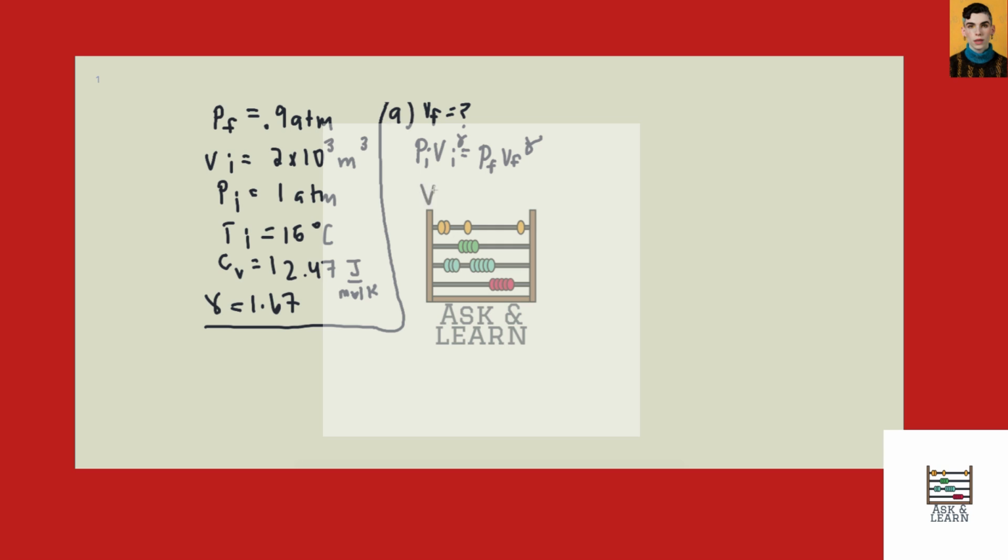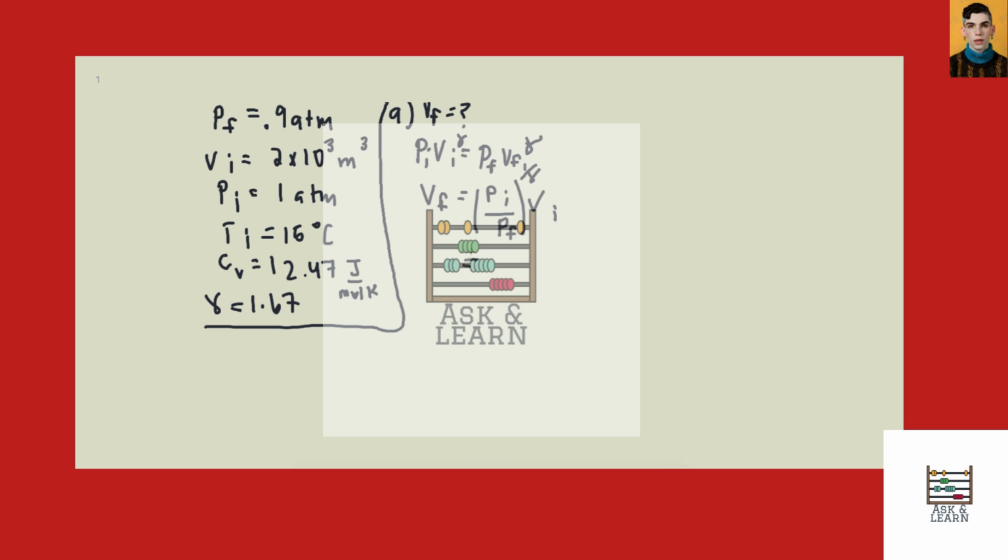If you rearrange this formula algebraically, which I'm going to skip because I'm trying to keep these videos short, you get P initial over P final, to the 1 over gamma, and then this should be times V initial.